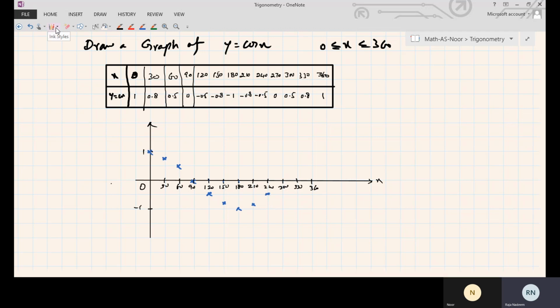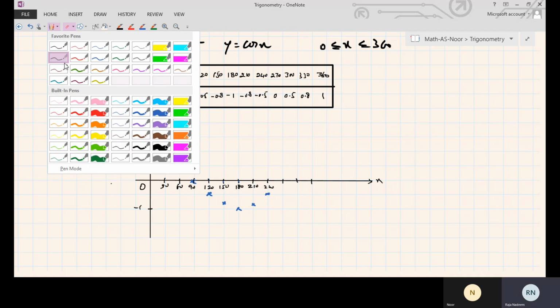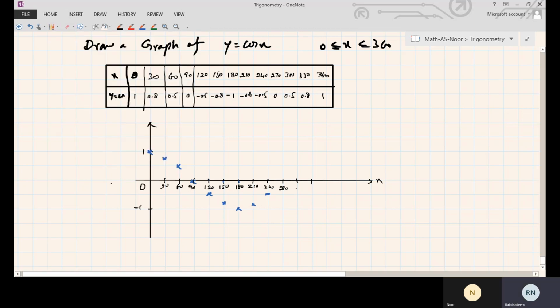I missed 270. Then 300, 330, and 360. Okay, 270 is 0, 300 means 0.5, and this is 0.8, and this is 1.